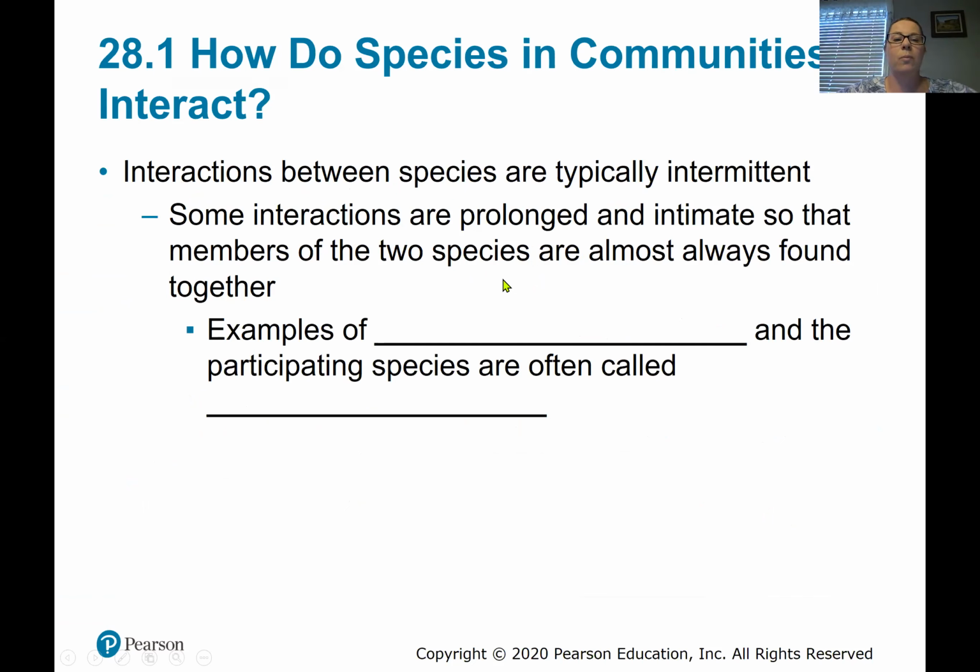Interactions. Okay, so some interactions are permanent, right? Like we talked about the microbes in the ruminant animal. That's going to be an example of symbiosis, where they have a prolonged, permanent, very close relationship with each other. Not all relationships are that way.